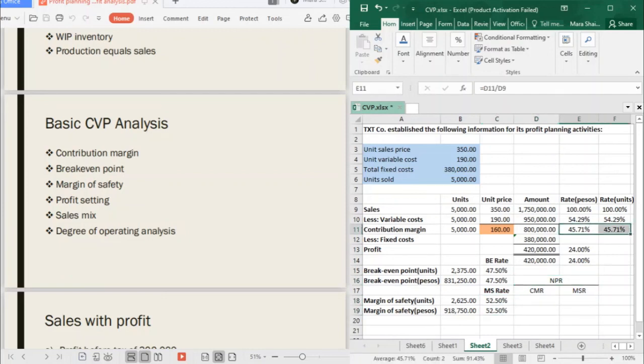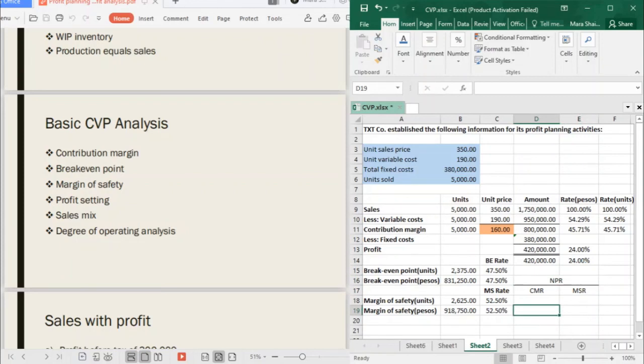Same ra na siya either peso or units. So, if ang pangitaon is net profit and then what is given is your CMR or your margin of safety in peso, so di ba magamit gihapon nimo siya because again, makuha ra man nimo ang rates using natong mga sa peso. Or if units ang gihatag, still you can make use of it. So, kana na siyang imuhang timailhan gyud.